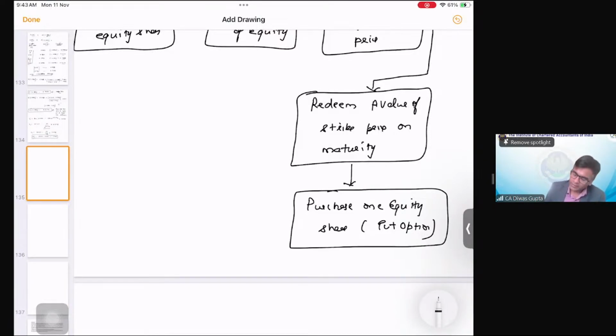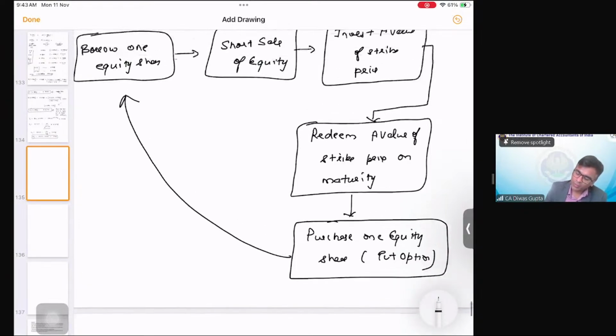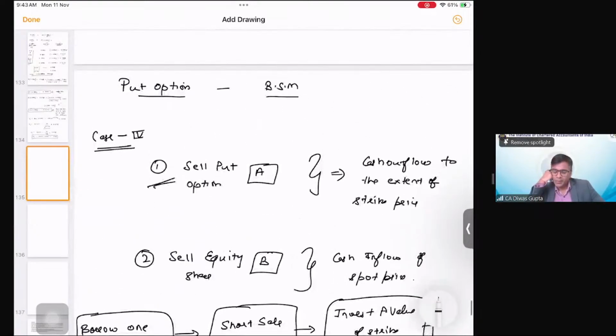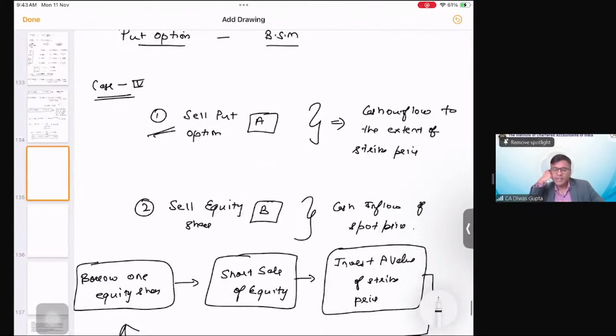And then finally, you give it back to the person from whom you have borrowed that share. Correct? So with this, both strategies can be executed. What are these two strategies? You will sell the put option today and you will also sell the equity share today. Clear? And hence this becomes A minus B.